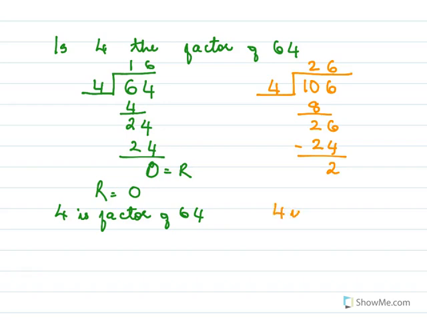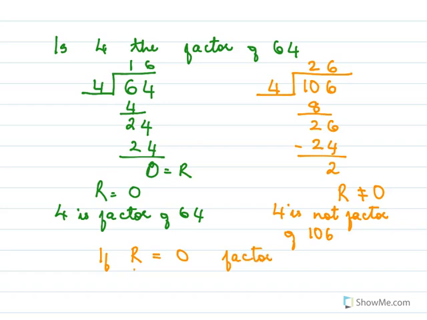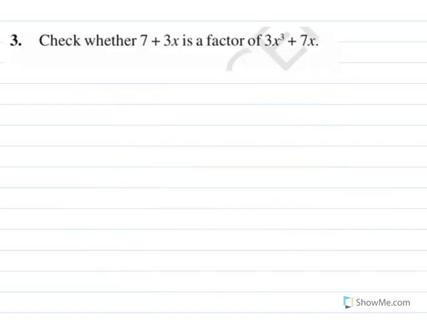You will say 4 is not a factor of 106 because the remainder was not equal to 0. So if the remainder is 0, we say it is a factor. If the remainder is not equal to 0, it is not a factor. So the remainder decides if it is a factor or not.